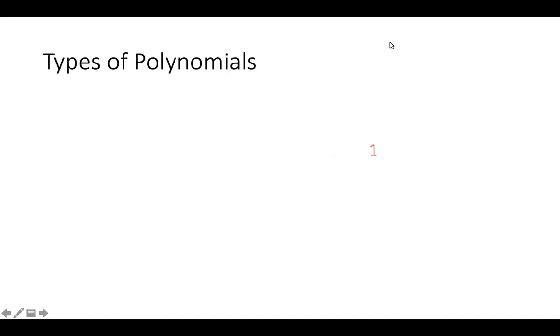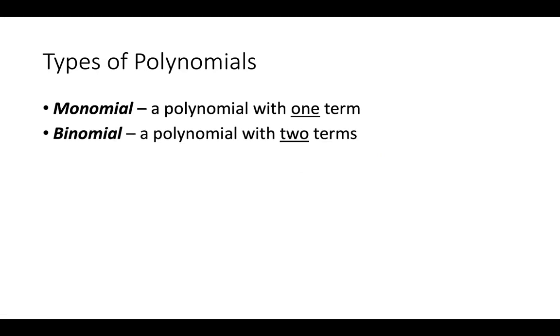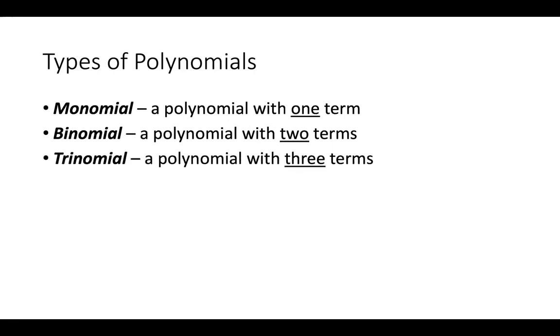All right, so that brings us to types of polynomials. A monomial is a polynomial with only one term. Notice the prefix mono. A binomial is a polynomial with two terms. And a trinomial is a polynomial with three terms.